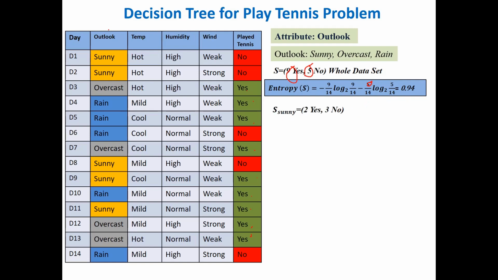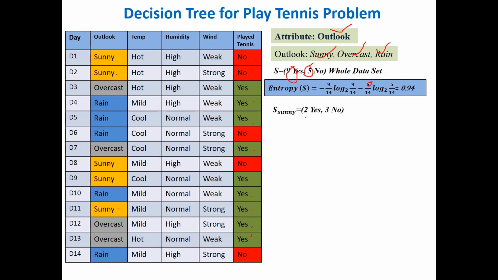Now if we consider the outlook attribute as the first attribute, it has three values: sunny, overcast and rain. We will start with sunny. How many sunny examples are there? 1, 2, 3, 4, 5 sunny examples.